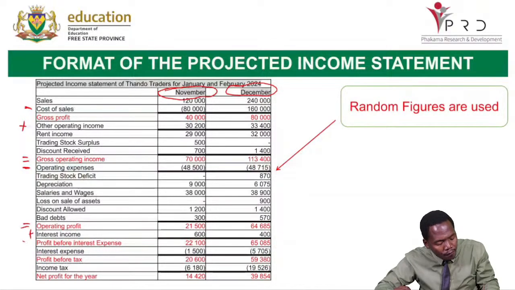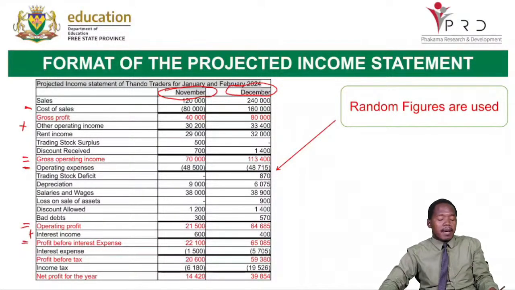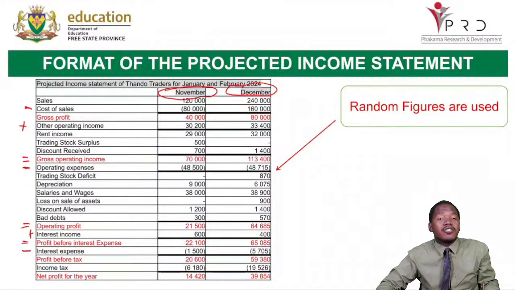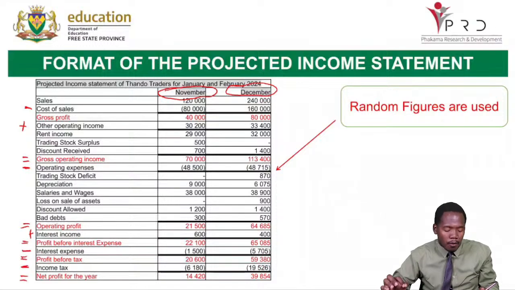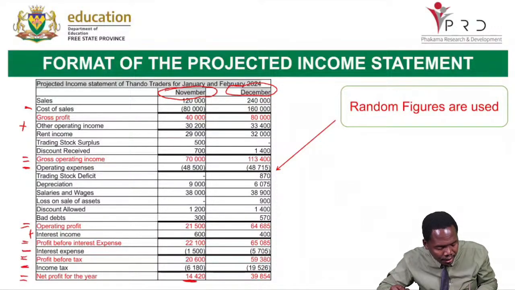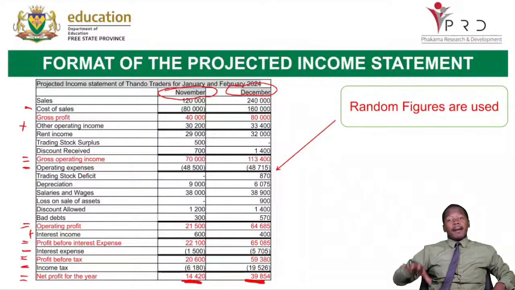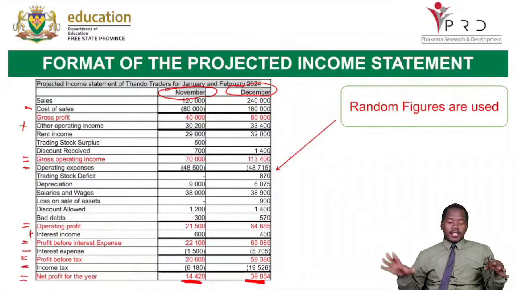We get profit before interest expense. We subtract interest expense. We get profit before tax. We subtract income tax. Then we get our final answer to be the net profit for the year. Now it looks at two profits. Profits for December, profits for January, and all of that. Okay?